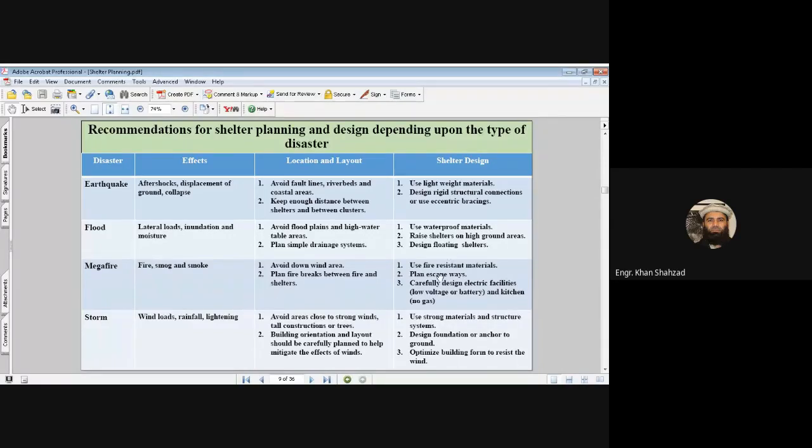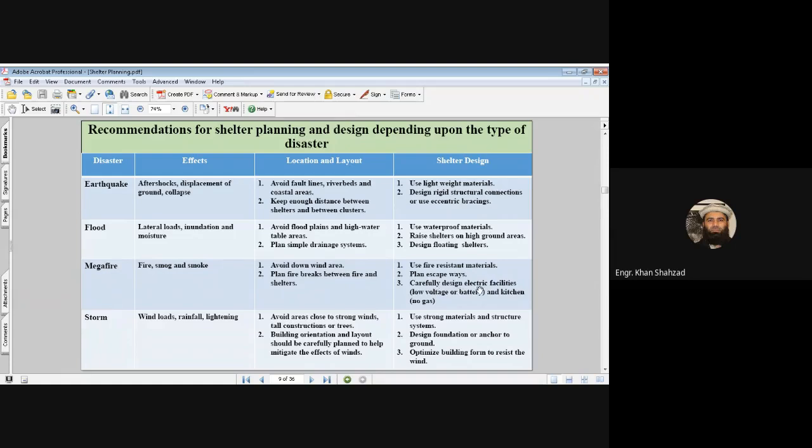Then how can you design such shelters which can resist the mega fire? Use fire resistant materials, you should use such materials which are fire resistant. Plan escape ways if there is fire, so you have to provide the evacuation ways or the paths, or provide such places or sketches to the people so that they can evacuate and escape if there is fire.